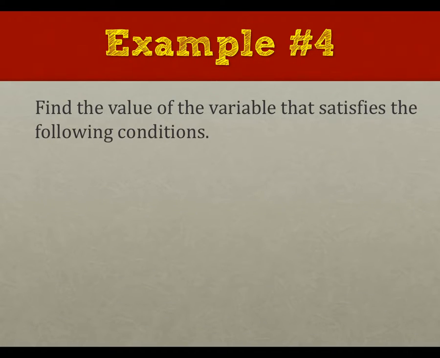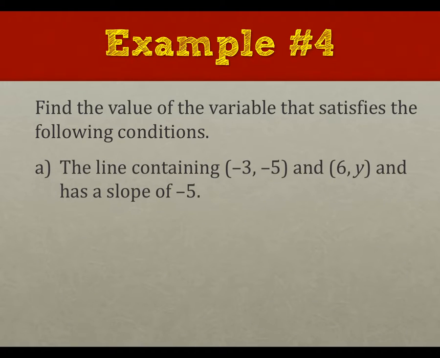Okay, I know I'm going through this fast, but I don't want to run out of time. Anybody satisfies the following conditions. This one we're going to talk about here. So now I've taken one of the values out of the slope, and I need to find that. If I calculate the slope between these two points, I would have -5 minus y over -3 minus 6 would equal what? -5, right, because it tells us the slope is -5.